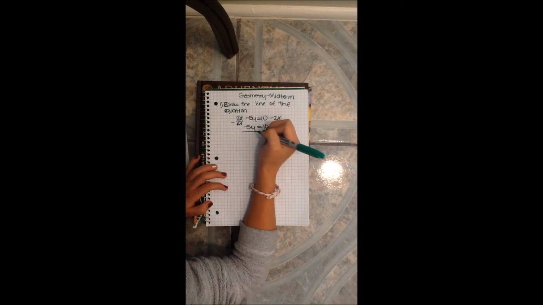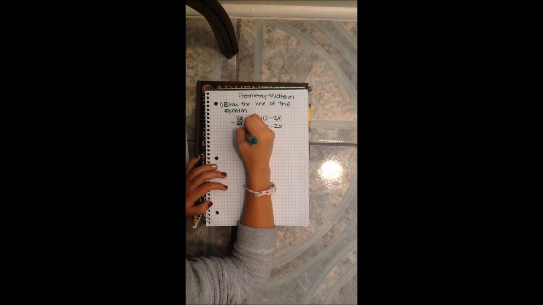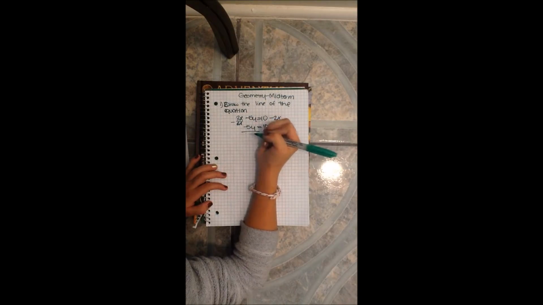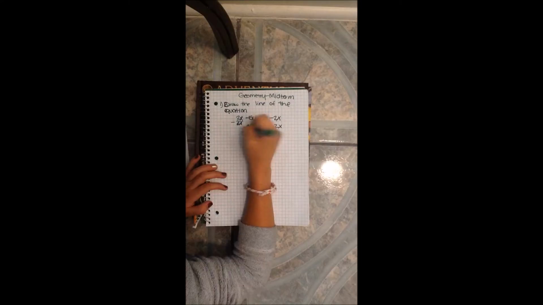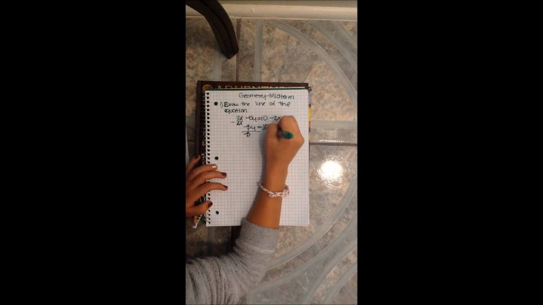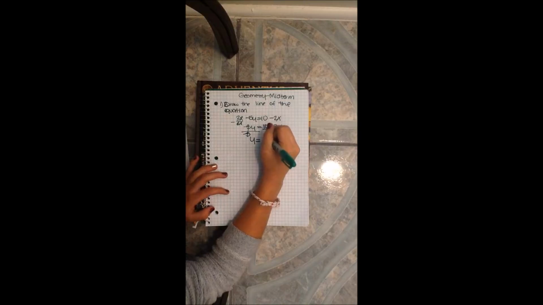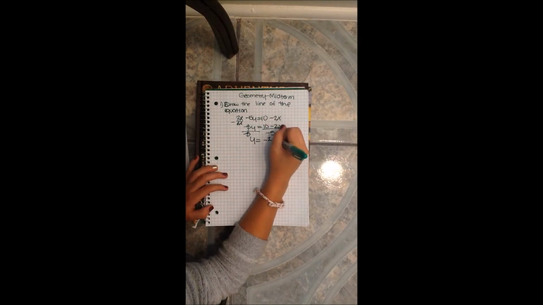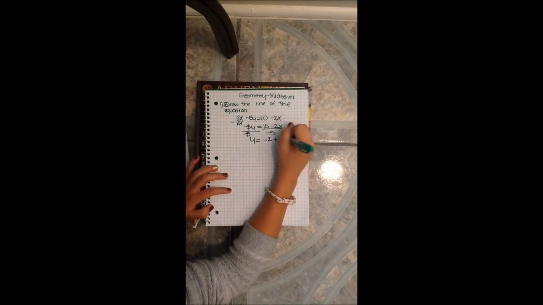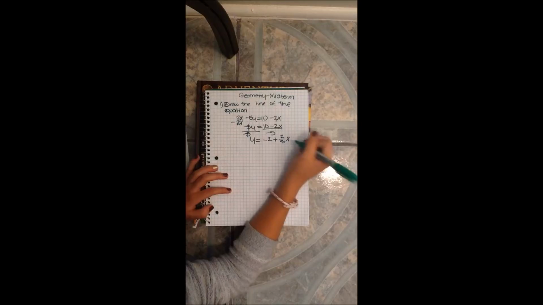Divided to isolate y, we get rid of the 5, so divide by negative 5. Divide this by negative 5. y equals negative 2 plus 2 over 5x.